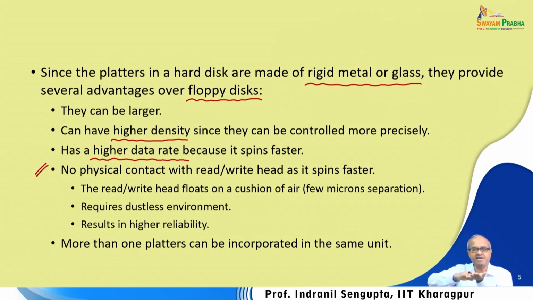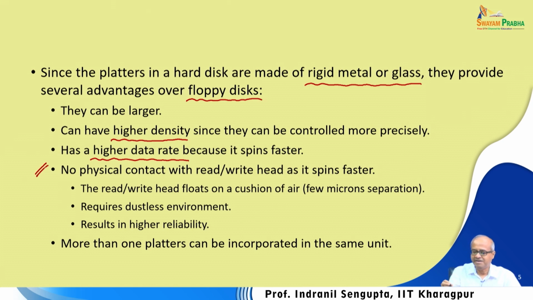So, the read write head does not get in physical contact with the surface, it floats on a very thin layer of air, several microns wide. There is no physical contact. This is how the read write operation works. The read write head sits on the surface on top of a thin air cushion.